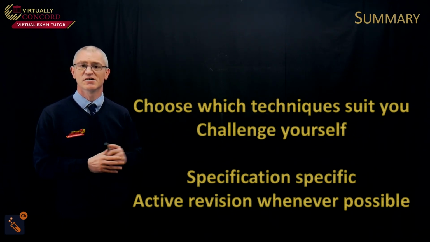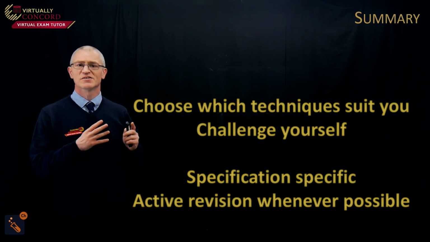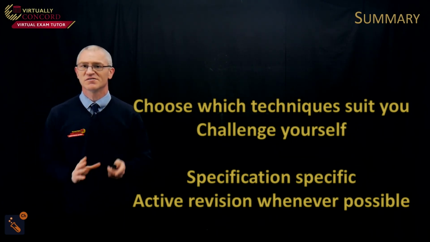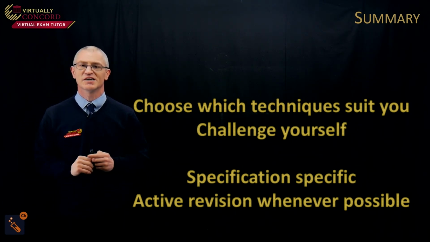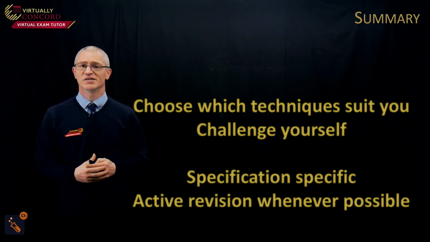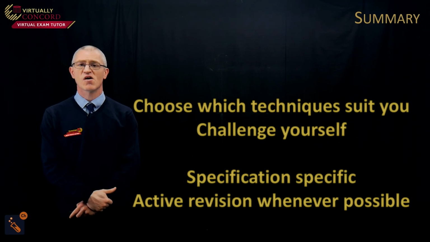You want an A star, be specification specific. And most importantly, if you vary it and use different areas and different ways to engage your memory, and you test yourself on a regular basis, you will be on the way to getting an A star and having really good revision techniques to take you into undergraduate study.